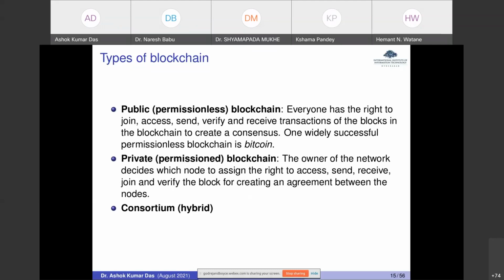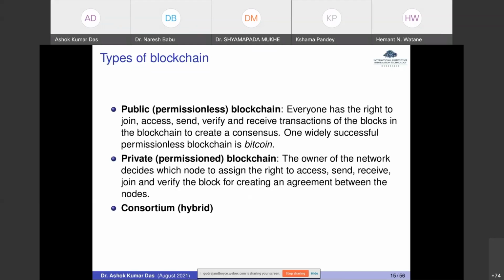Consensus is an agreement protocol by which, if the majority of the nodes in a peer-to-peer network agree to add a block after verifying that block as valid, then the block will be added in the network.